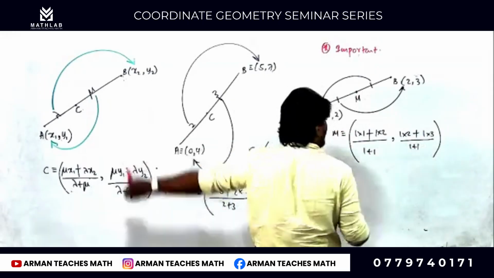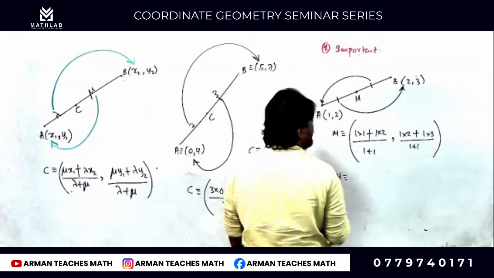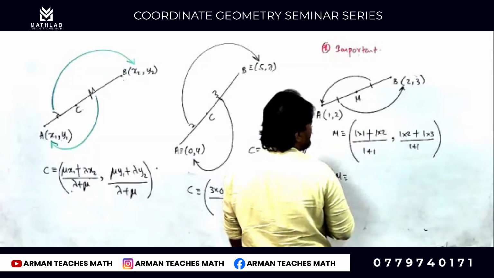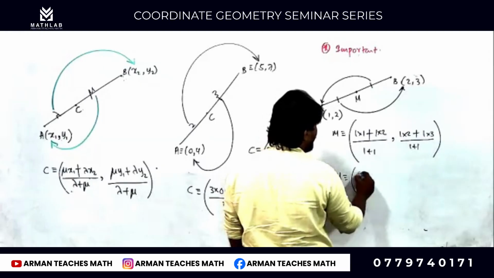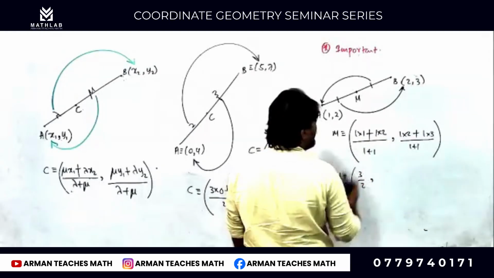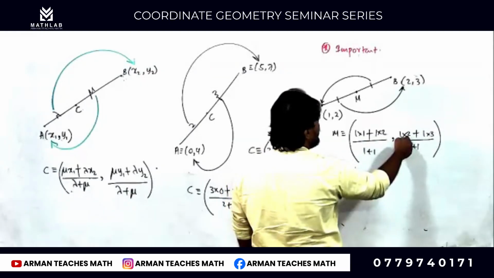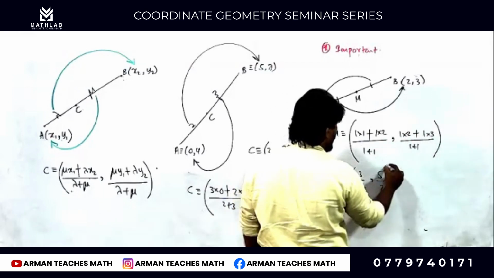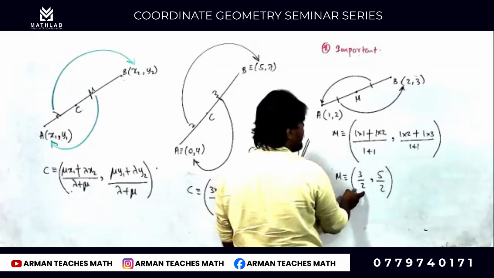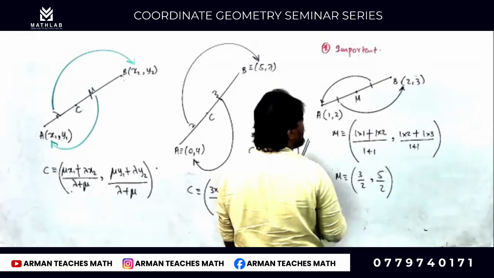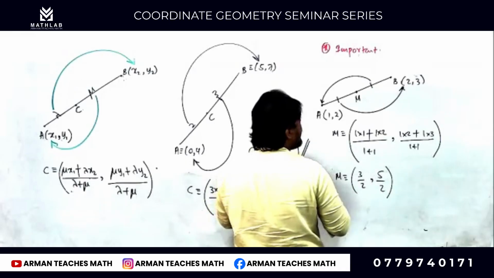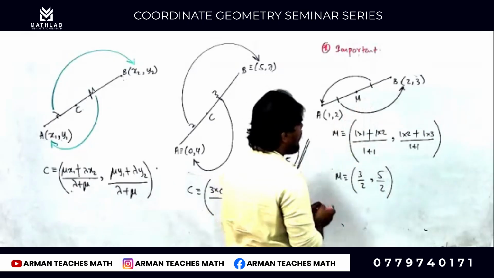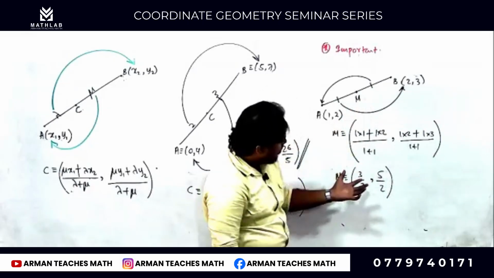The formula is the format, the pattern. So this gives 1 plus 2 is 3, so we get 3 over 2, comma, then 2 plus 3 is 5, so 5 divided by 2. This is the coordinate of the midpoint M. What can you see here?